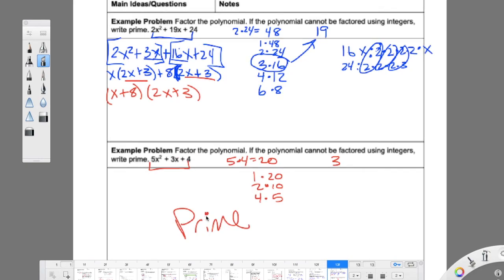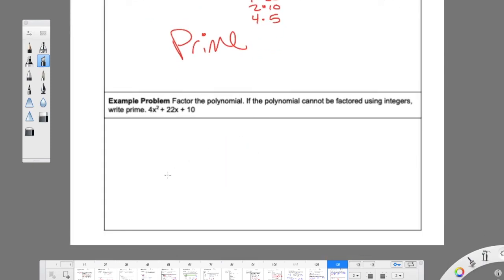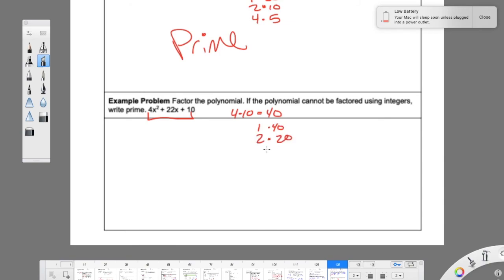All right, let's do our last one here, moving down. We're going to do the same thing, 4 and 10. So 40, and 2 and 20. 40 does not divide by 3, but it does divide by 4, right? It does divide by 5 also.